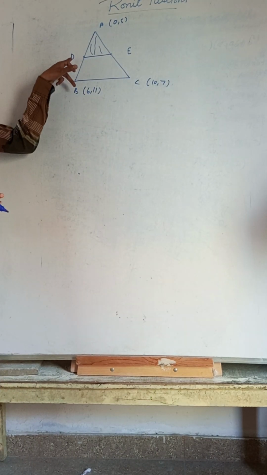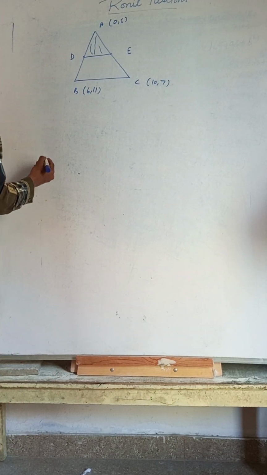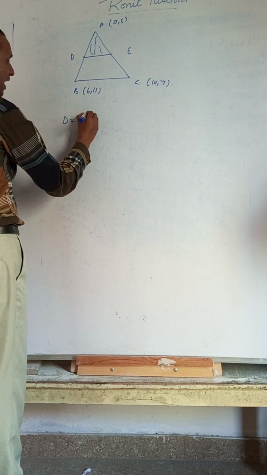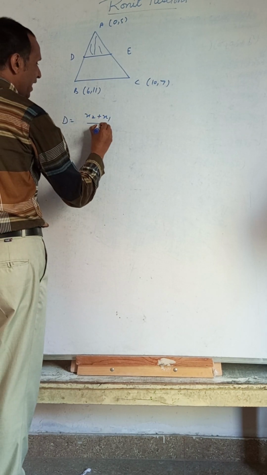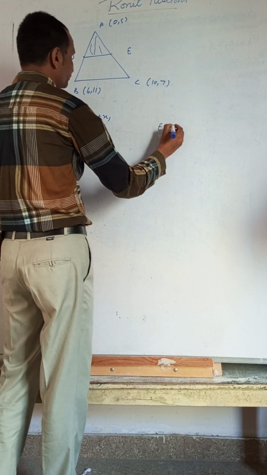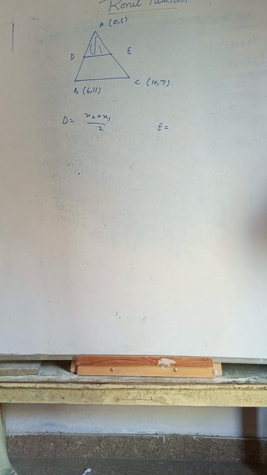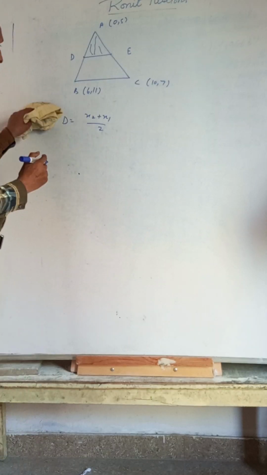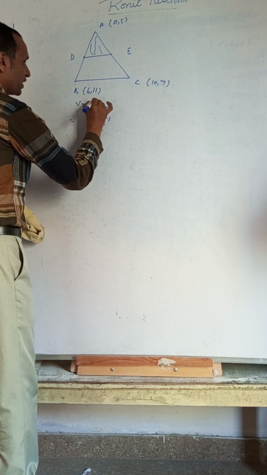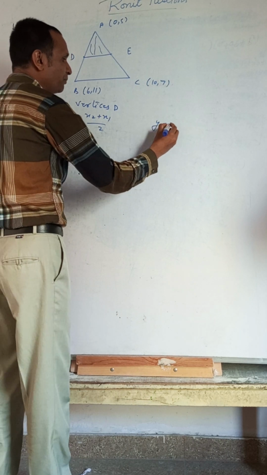So first of all we have to find the coordinates of the vertex D. For finding the coordinates of D, the midpoint, D is equal to what? x2 plus x1 by 2, and E is equal to what? For D first, it is the X value and it is the Y value. For Y, what will come?